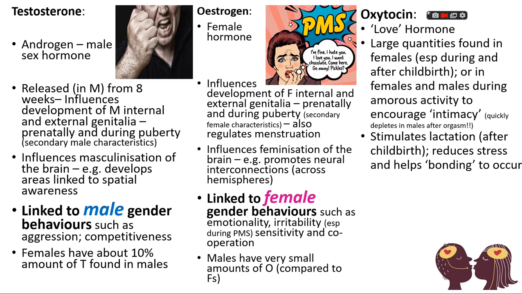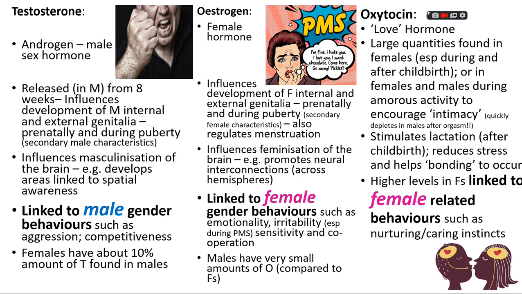It also is responsible for stimulating lactation, so breastfeeding, to again ensure that bonding and closeness between the mother and the child. It's obviously, as you can see there, released in much higher levels in females, and it's thought to be linked with that bonding behaviour, that intimacy behaviour, and perhaps also those more typical female traits like nurturing and caring.